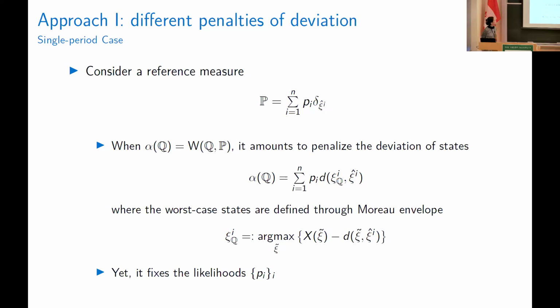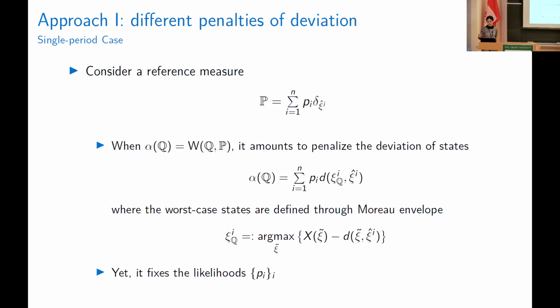For example, if we replace this alpha Q with the Wasserstein distance between Q and P here, indeed this penalizes the deviation of the states and allows us to perturb from the previous observation xi hat to the new xi Q here.